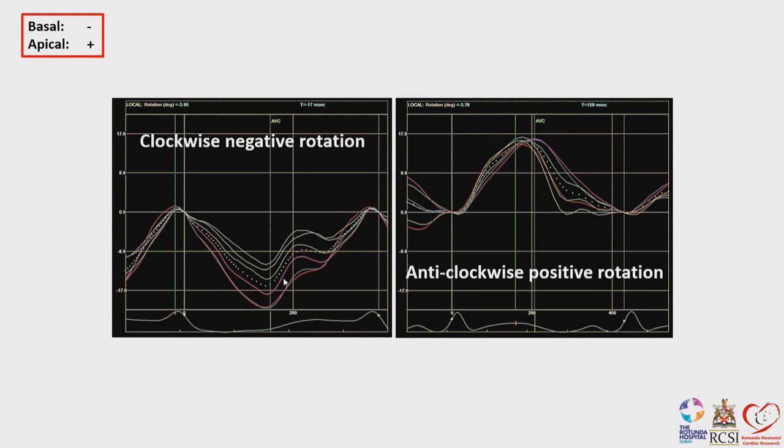And then the net result, the average of the 6 segments, is denoted as the dotted line there. So the base is denoted as a negative deflection. The apex, which is moving in an anti-clockwise direction, again, the software tracks each individual segment, averages that, so that's the dotted line there, and that is your apical positive rotation.